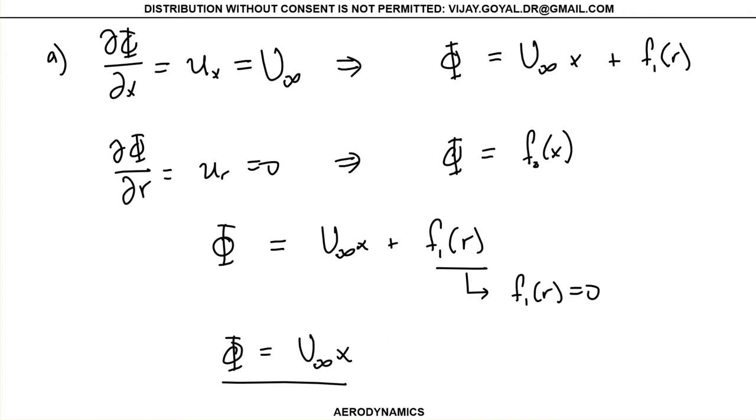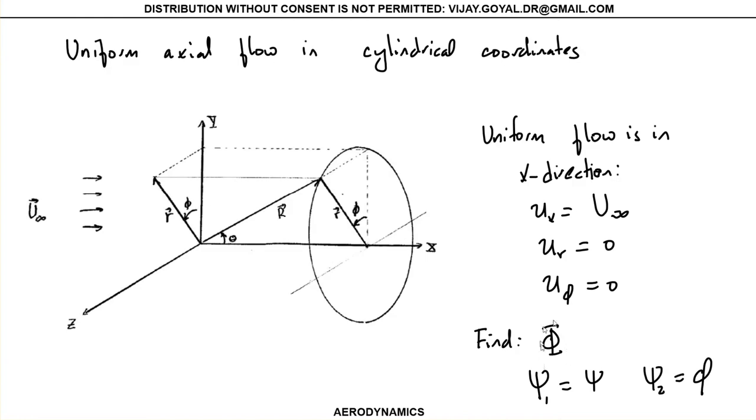Okay, so this is the first thing. I found what the value of my potential is. Now I need to find what my psi is. So to find my psi, I will go to my next equation that says partial of psi with respect to r is going to give me u of x.